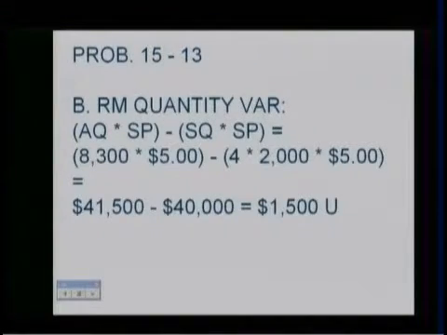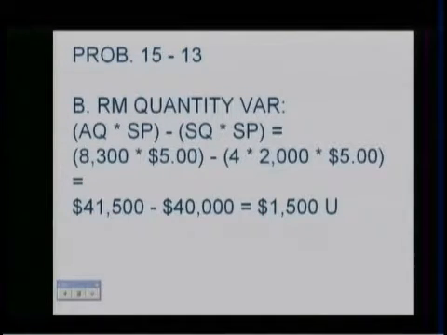Now we're going to have to change a little bit to look at the differences for the production, because we're going to use the actual used amount of raw materials rather than the raw materials purchased. So in the second part, our actual quantity will be what we used, which was the 8,300 units times $5, standard price.